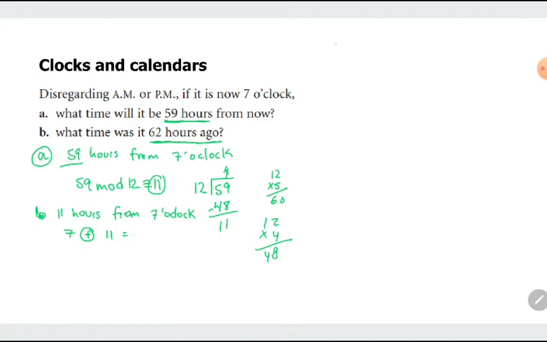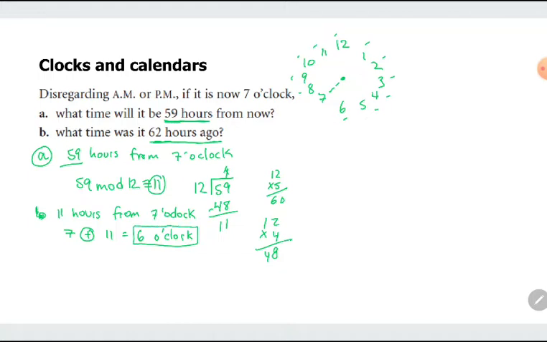So, ilan kaya yon? 3, 4, 5, 6, 7, 8, 9, 10, 11. So, starting here, 1, 2, 3, 4, 5, 6, 7, 8, 9, 10, 11. So, this is 6. The clock would point to 6 o'clock.